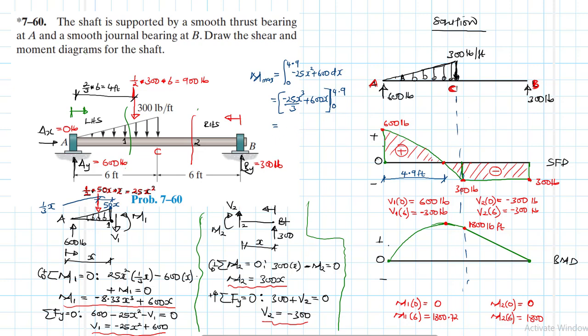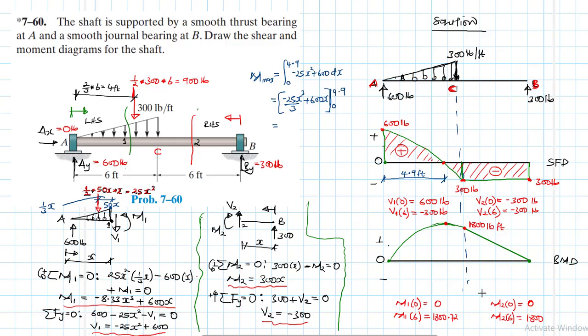So what do we get for the maximum moment at that point? Grab your calculator. I have minus 25 times 4.9 cubed divided by 3 plus 600 times 4.9.